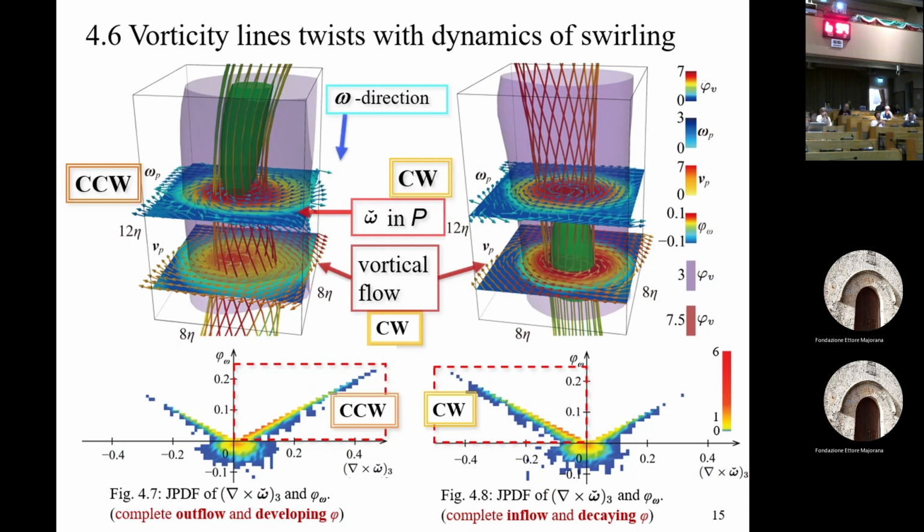This JPDF is given under the condition of complete outflow and development of swirlity of the velocity. And this figure indicates the condition that the radial component has complete inflow and swirling decays. So these two JPDFs show clearly these features.